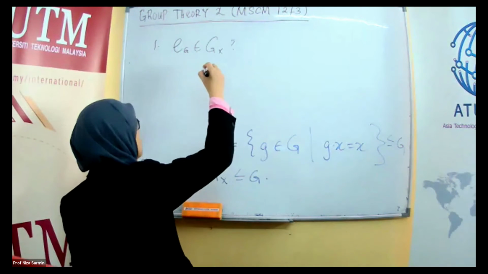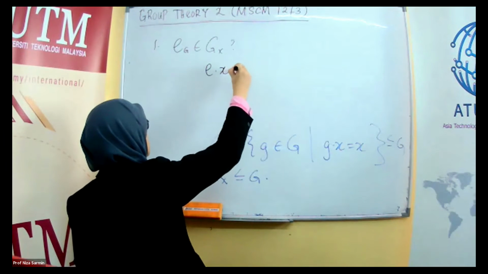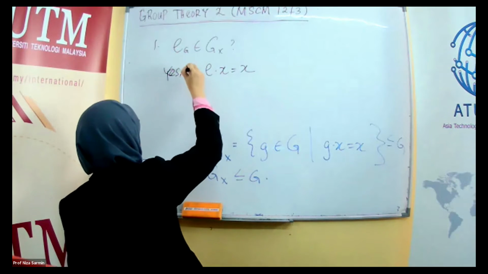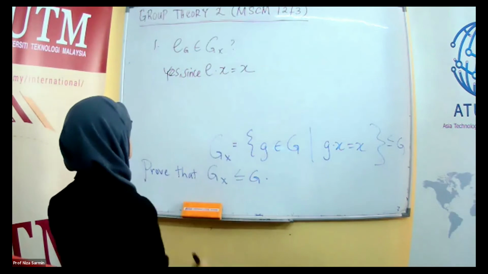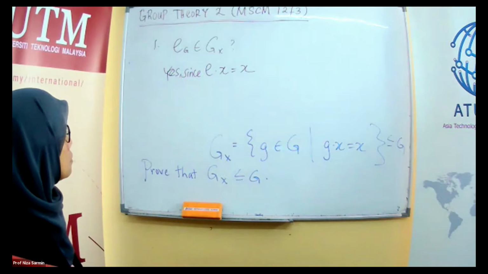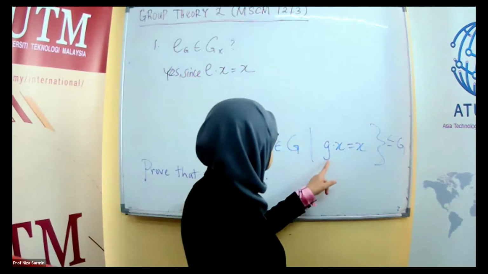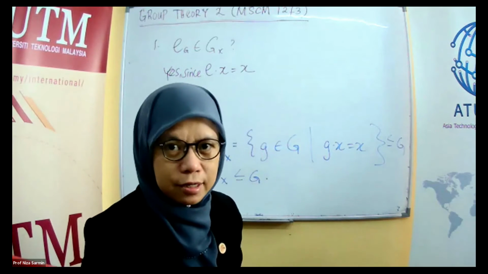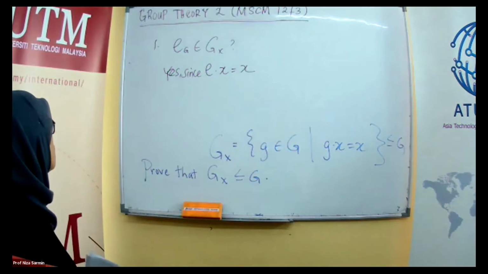So you multiply E by x. Yes, since E times x is x. Replace G by E because it's an action, right? So by the first one is this.